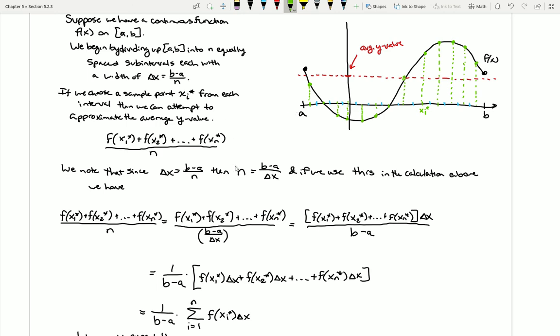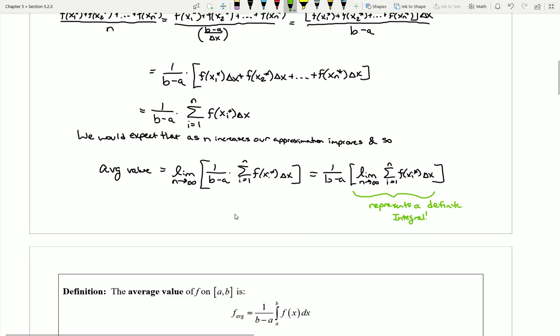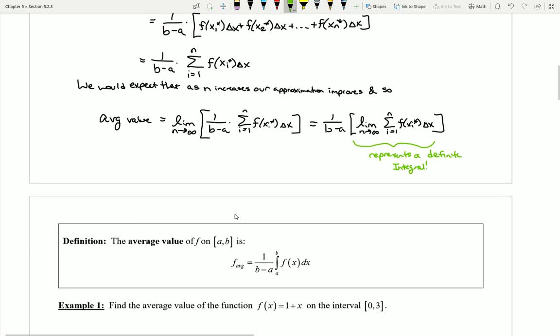But we can see here that we have a carefully developed argument to show that is what we end up with. So this fact here is extremely important. It's how we define what we would call the average value of a function. Notice here that we use this little f with the subscript avg, so f average. That's still standing for that average y value of the function.